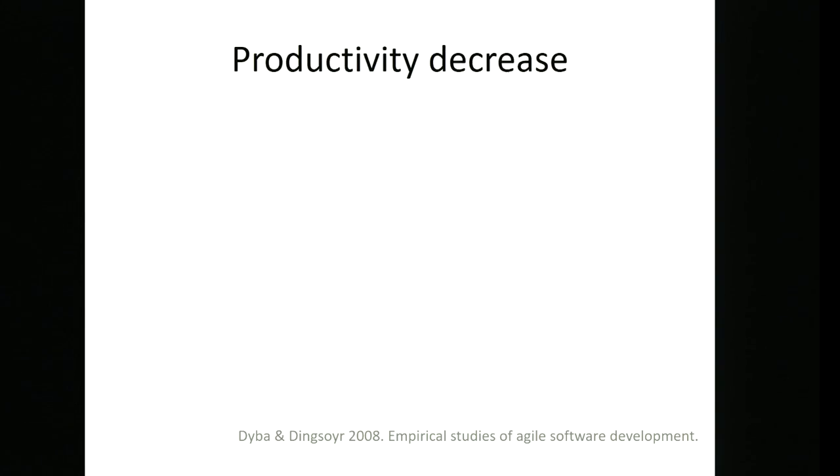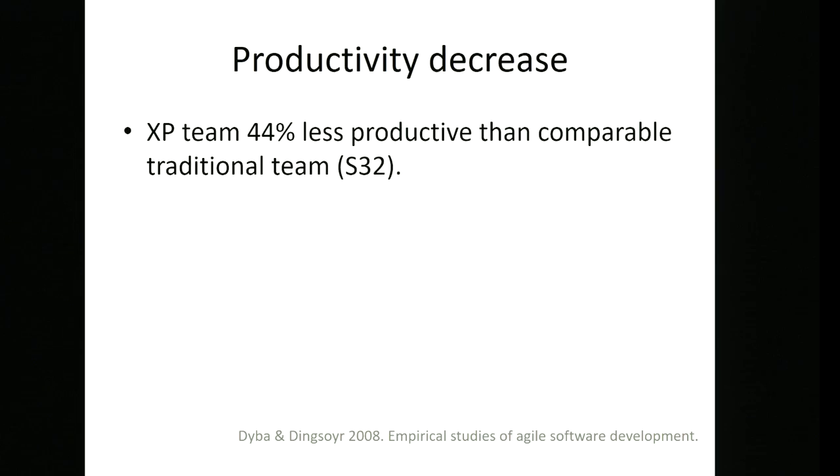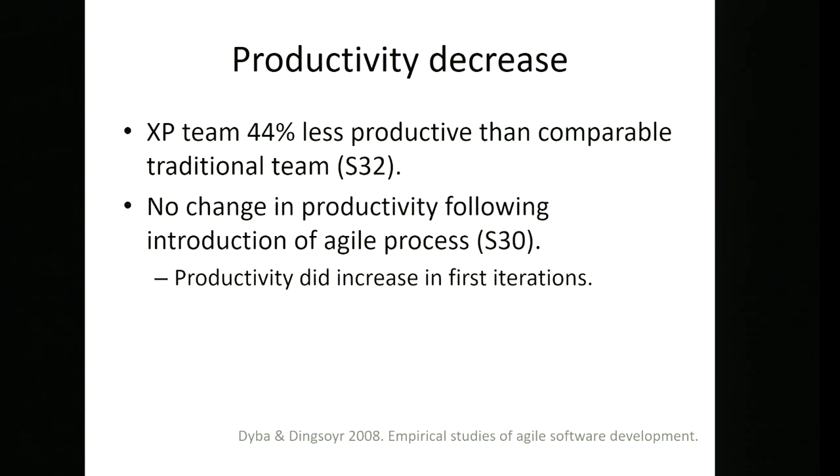To counter this, there is some evidence that productivity decreases with Agile methods. We've got one study saying that an XP team was 44% less productive than a comparable traditional team, or there was no change in productivity following the introduction of Agile processes.